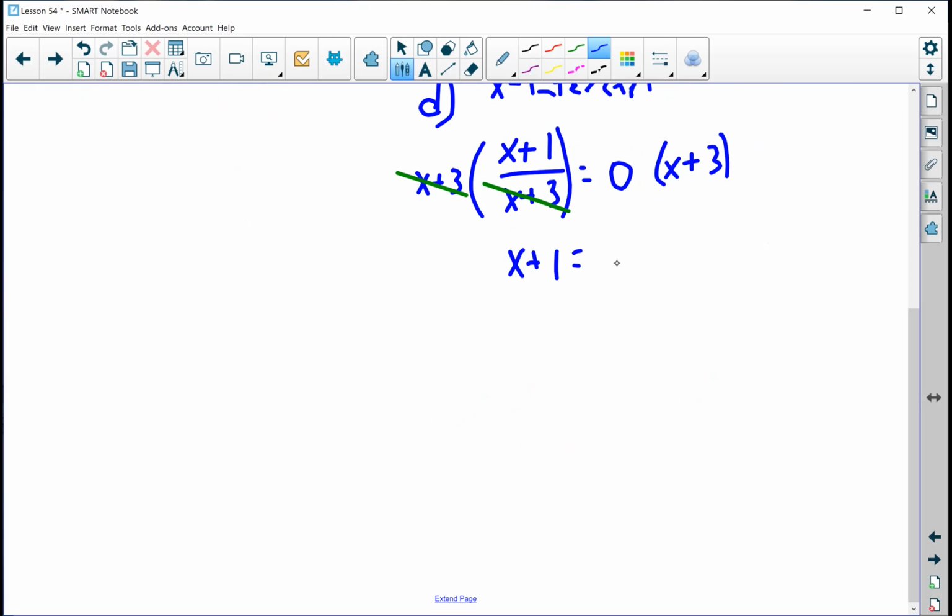And what is x plus 3 times 0? 0. And then subtracting 1 from both sides, I get an x-intercept of -1, 0.